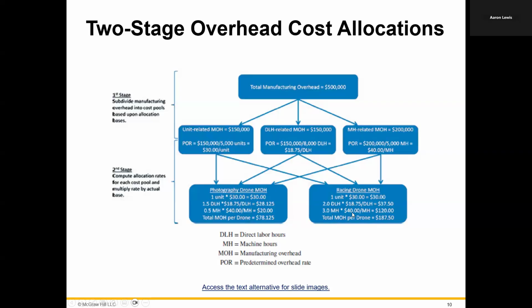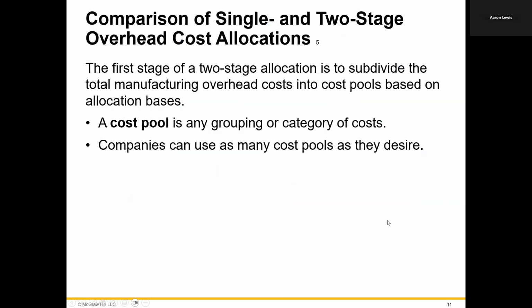We'd have a ton more machining costs, maintenance and depreciation that went into the racing drone. So if this thing is causing us to work more hours and use more machine hours and have a more detailed inspection that it requires, it should cost more in overhead costs. And this two-stage system definitely did that. Much, much higher over here.